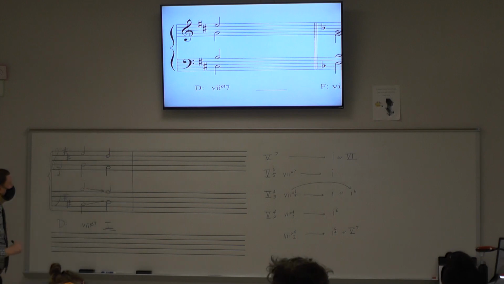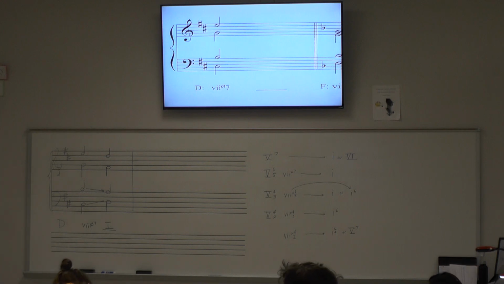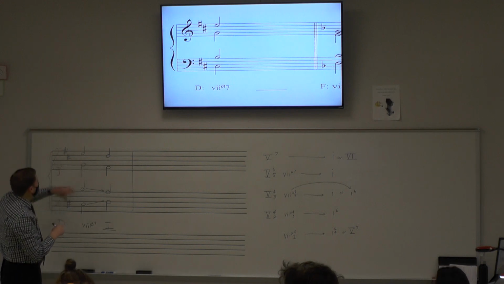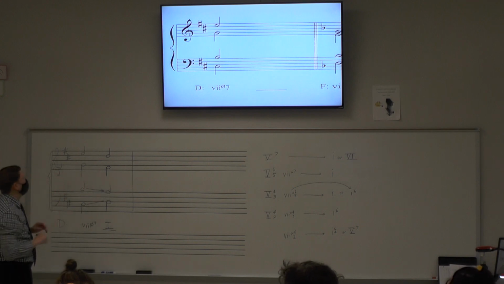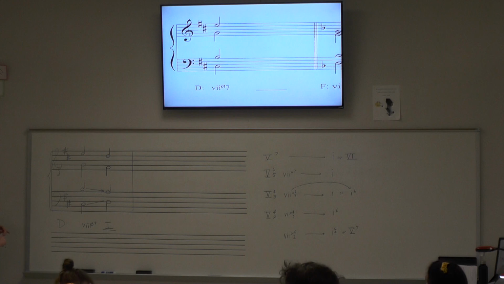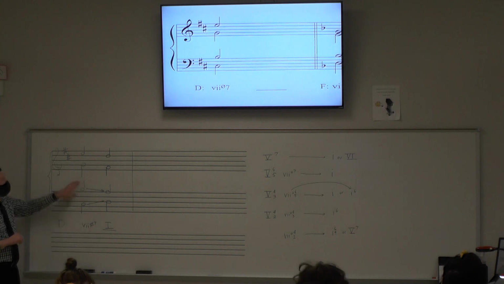And now let's go back and look. Did I write any parallel fifths? Well, if I did, it would be among the top three voices, because they're the only ones moving in parallel motion. The bass is going in contrary motion. I didn't write any parallel fifths. And you know, before I even part wrote this, do you know how I knew I wasn't going to get any parallel fifths?